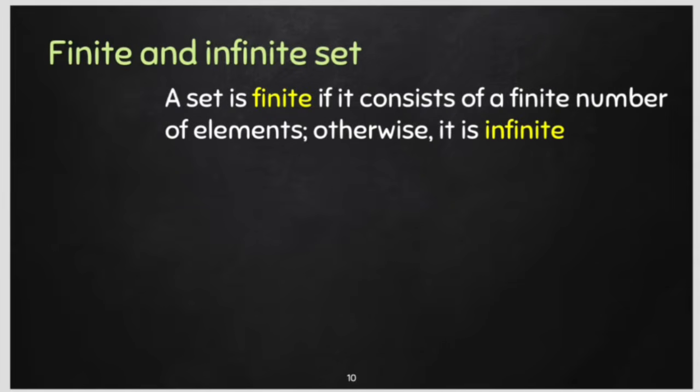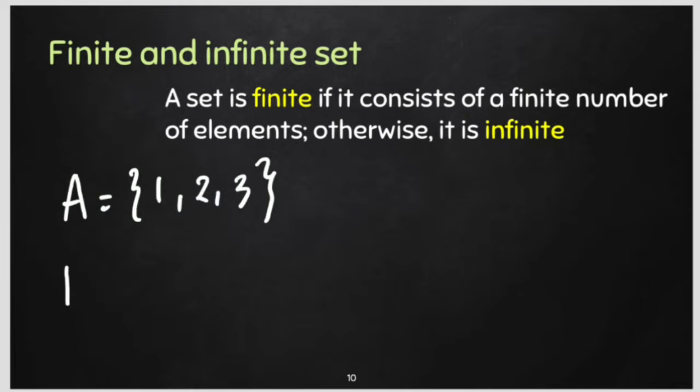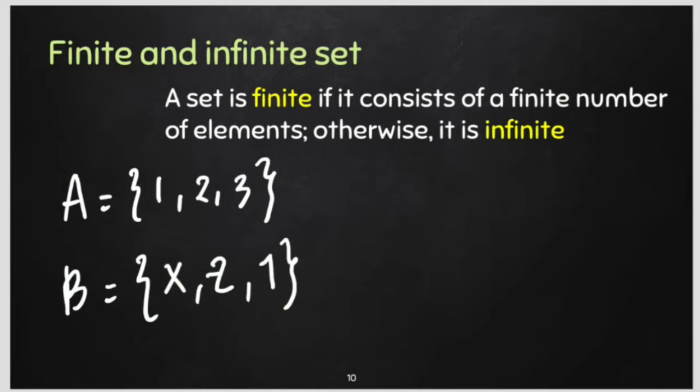Next, we have finite and infinite sets. A set is finite if it consists of a finite number of elements. Let's say, for example, A is {1, 2, 3}. I can count the number of elements. I can have P equals {x, z, 1}.